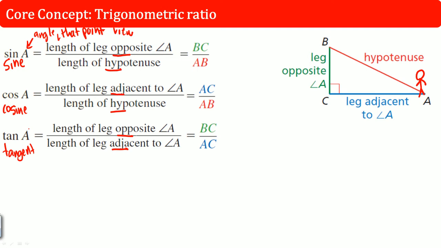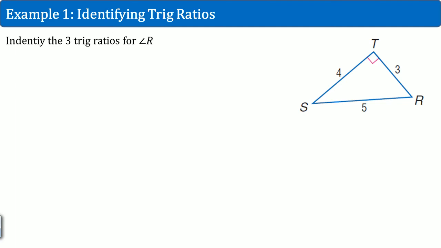So, let's do an example. Identify the 3 trig ratios from the point of view of angle R. So you should draw that person right here. The 3 trig ratios are your sine, cosine, and tan. Before we do that, you should label your adjacent, your opposite, and your hypotenuse.